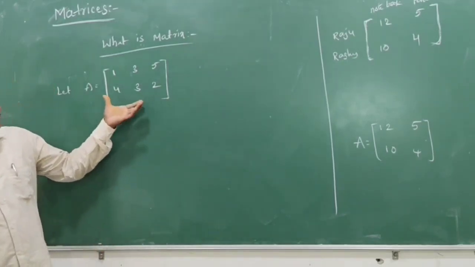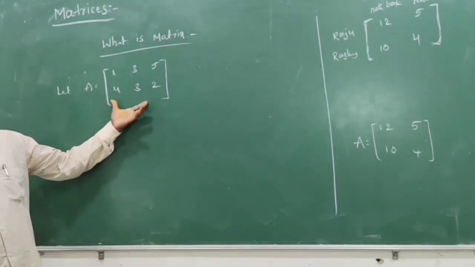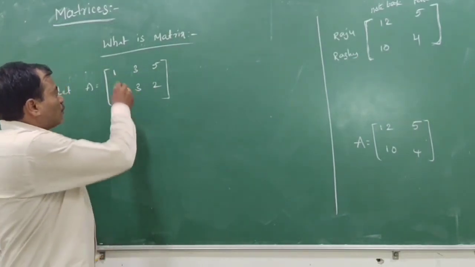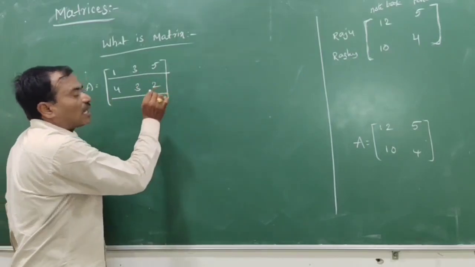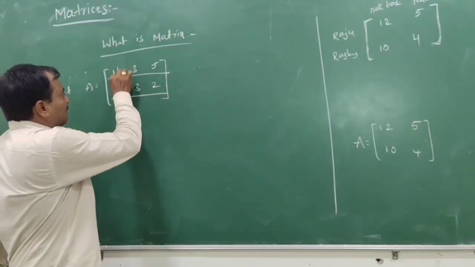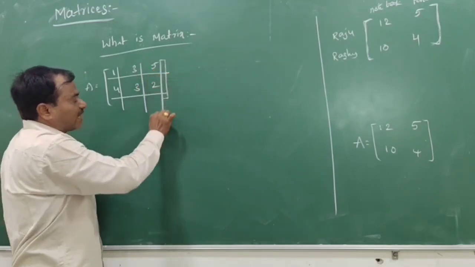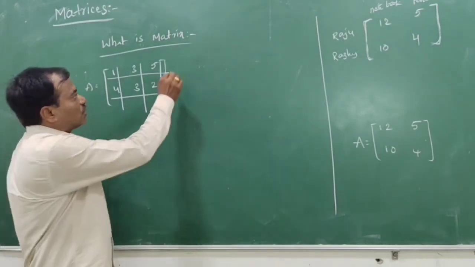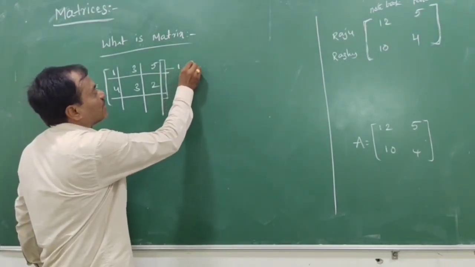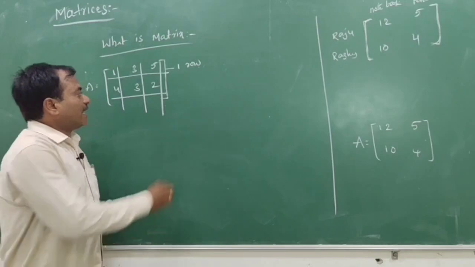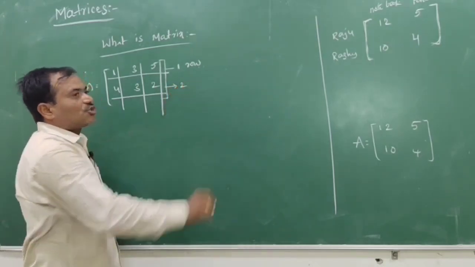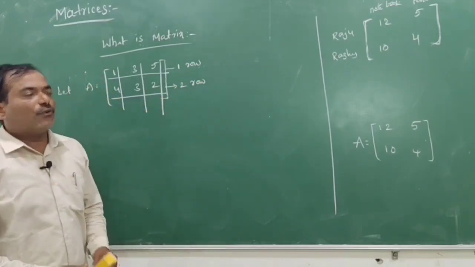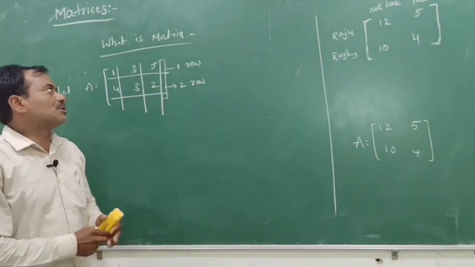This is one arrangement of the matrix. This matrix contains 2 horizontal lines and 3 vertical lines. The first horizontal line is called the first row, and the second horizontal line is called the second row. So this matrix contains 2 rows.